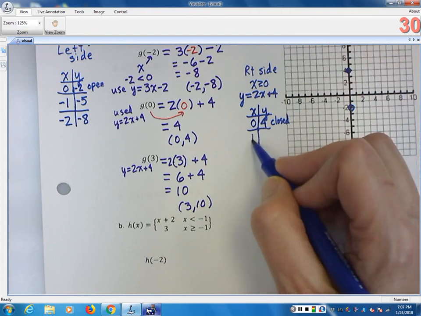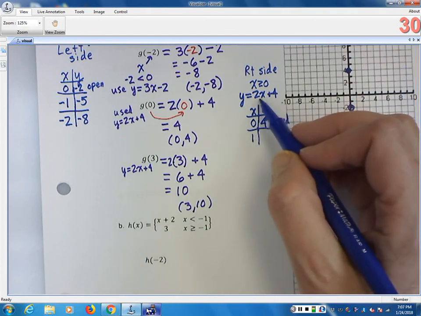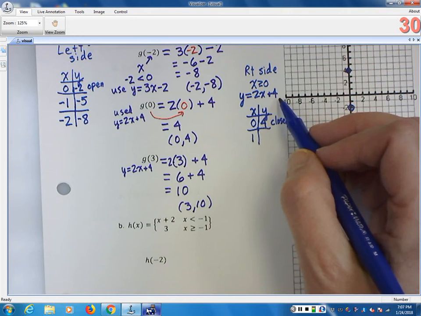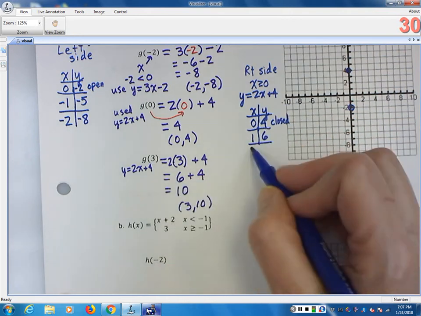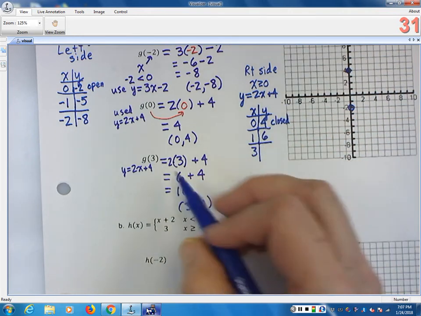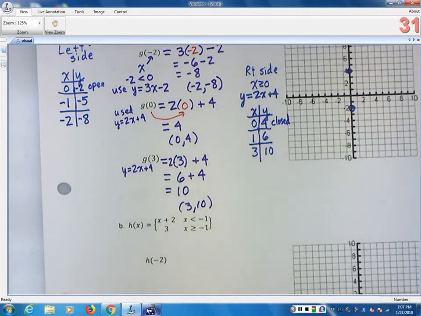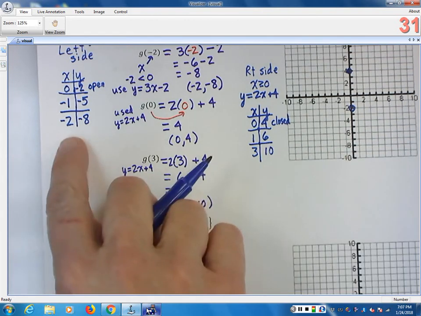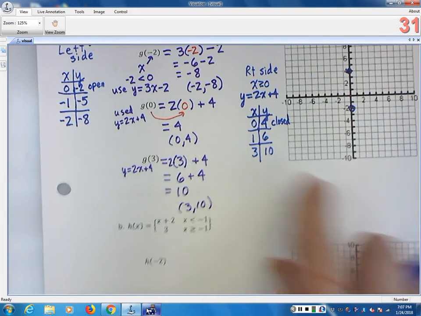We can choose 1. If you put 1 in for x, you get 2 times 1 is 2, plus 4 is 6. And we already put in 3, we can use that one. That's 10. And these better be straight lines, but separately. This is a straight line, and this is a straight line.